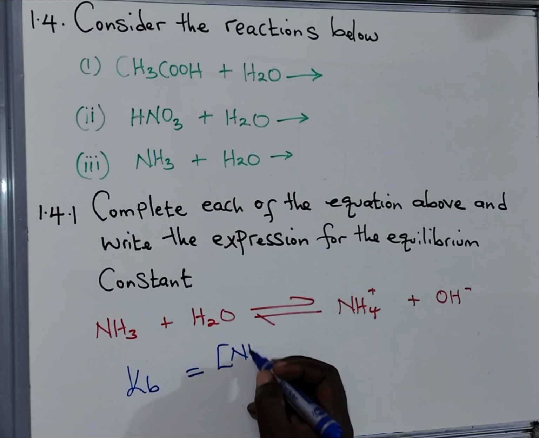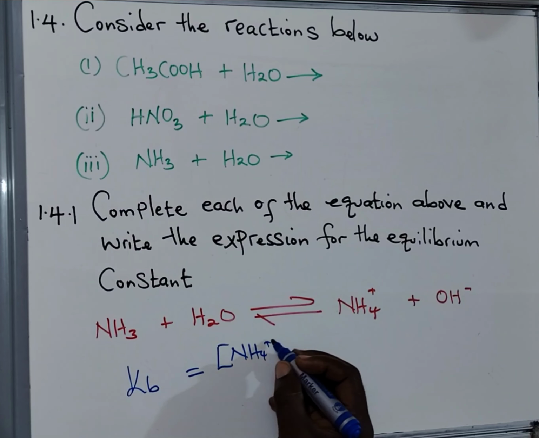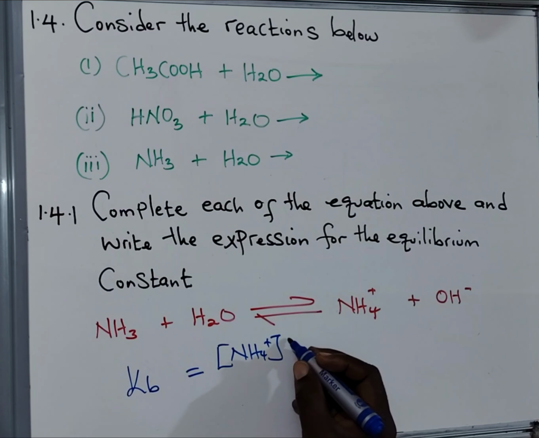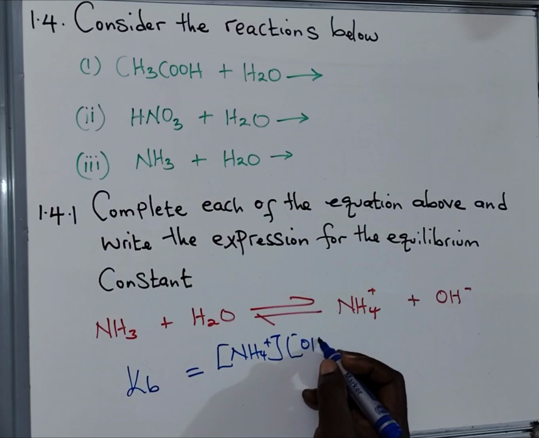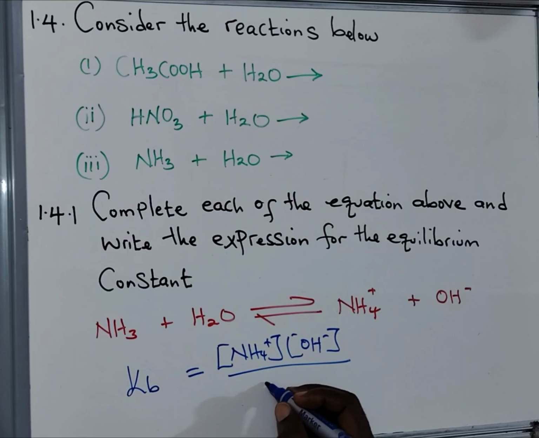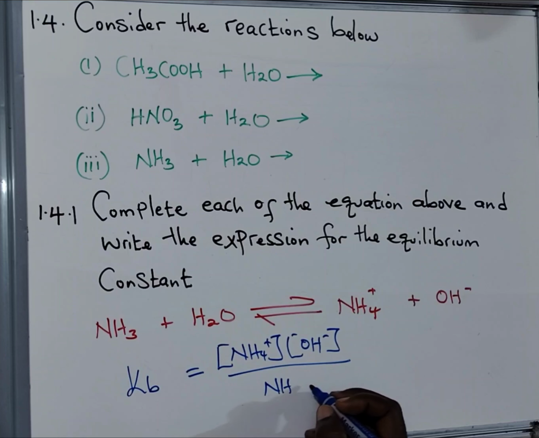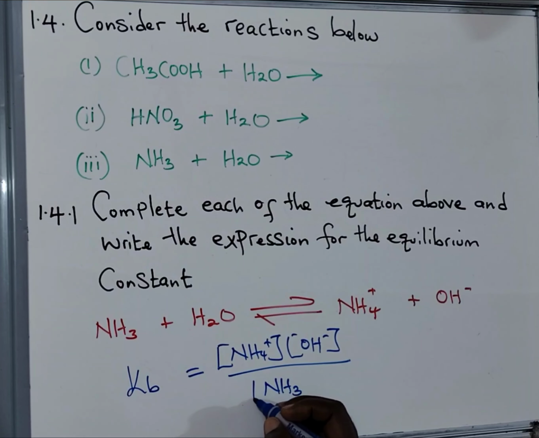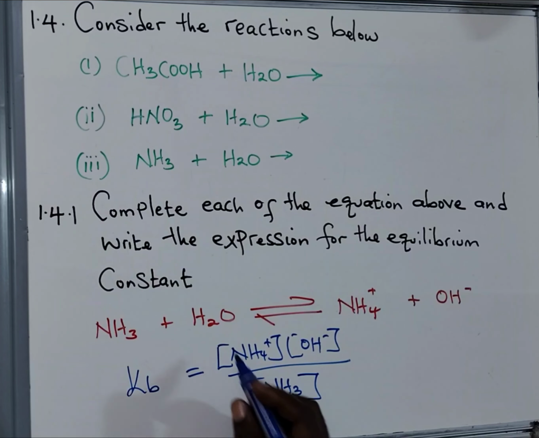So we have ammonium ion into hydroxide ion over ammonia, leaving out water because it almost remains unchanged. So that is what we have.